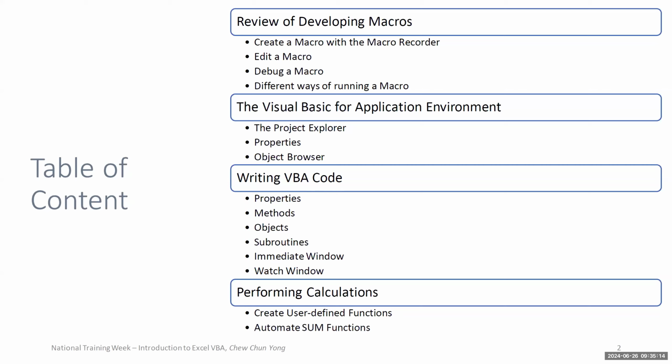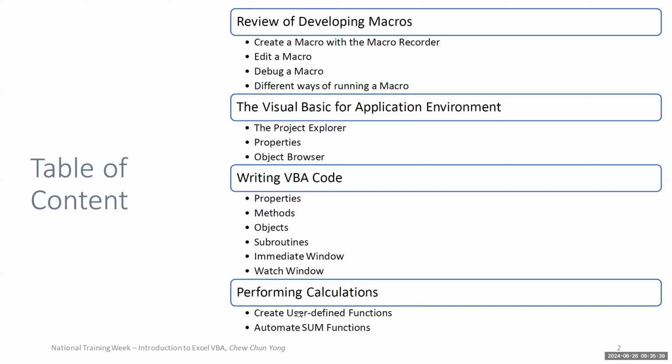So basically the main objective for the 2.5 hour session is to look at how to read and also debug the code, because most of the time we are able to do recording, but we will illustrate later that sometimes macro recording can lead to a problem as well.